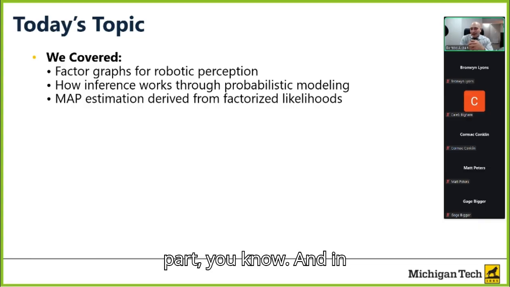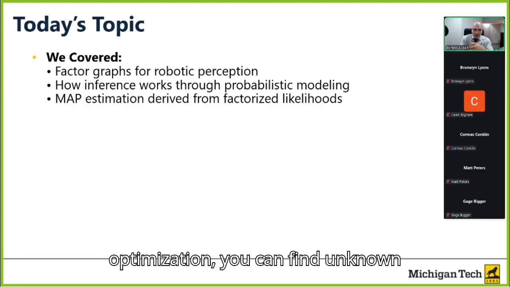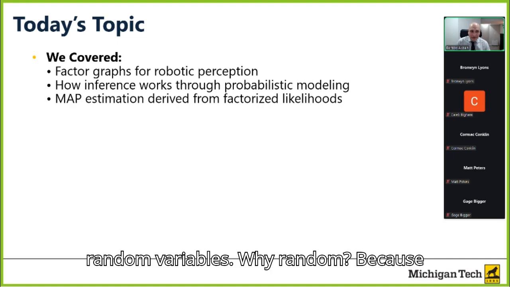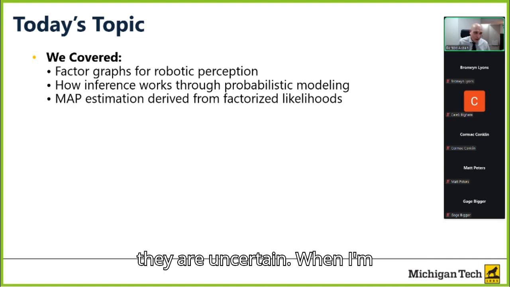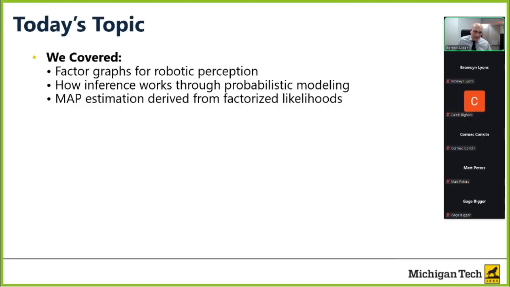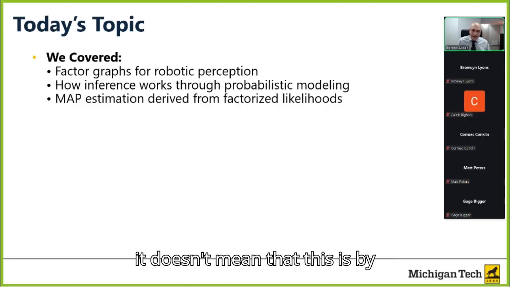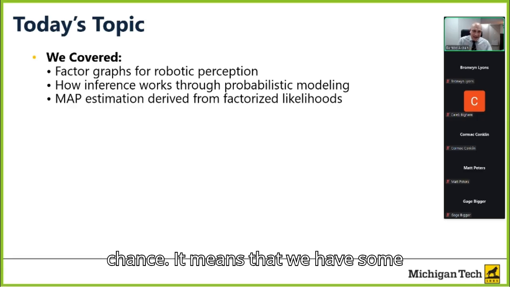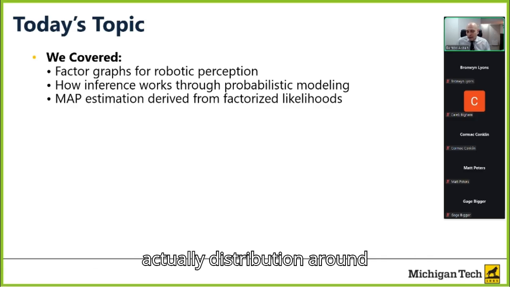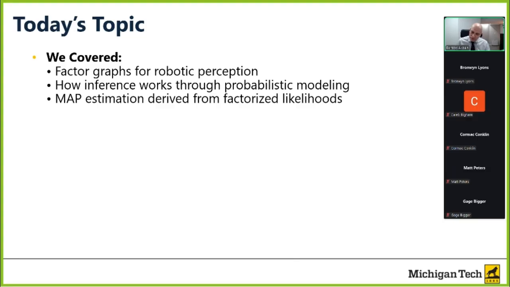In optimization, you can find unknown variables that we call random variables. Why random? Because they are uncertain. When I'm talking about randomness, it doesn't mean that this is by chance. It means that we have some mean and some variance, some distribution around that point.